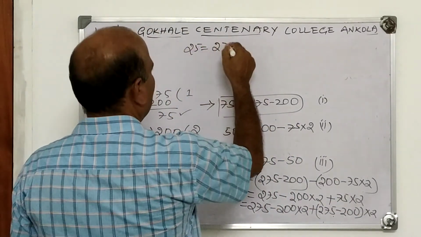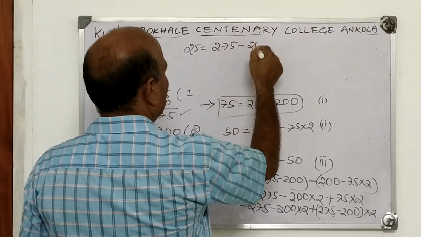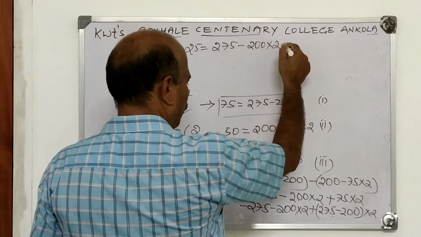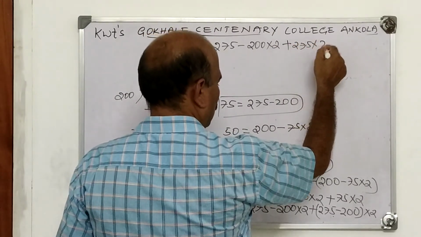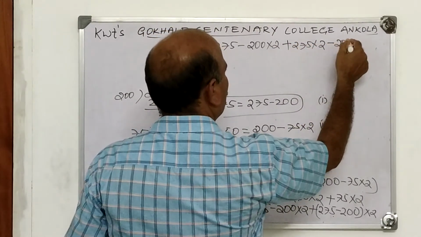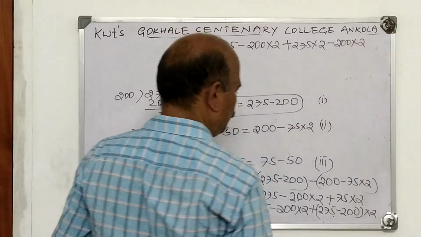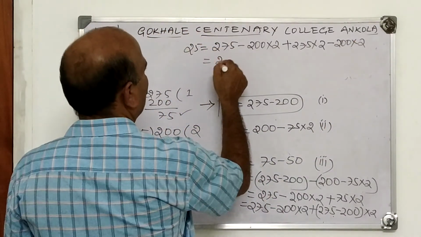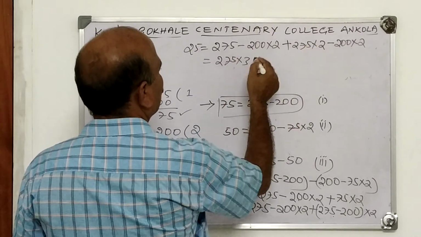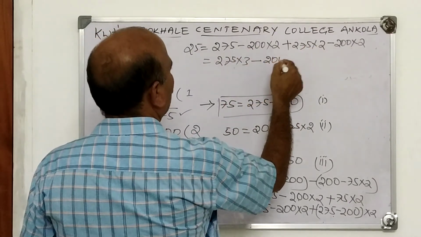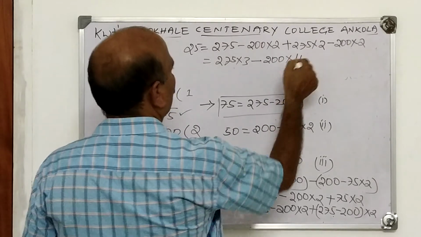Substitution, simplification. How to simplify? 25 is 275 minus 200 into 2 plus 275 into 2 minus 200 into 2. Therefore 275 into 3, because 2 plus 1, minus 200 into 4.